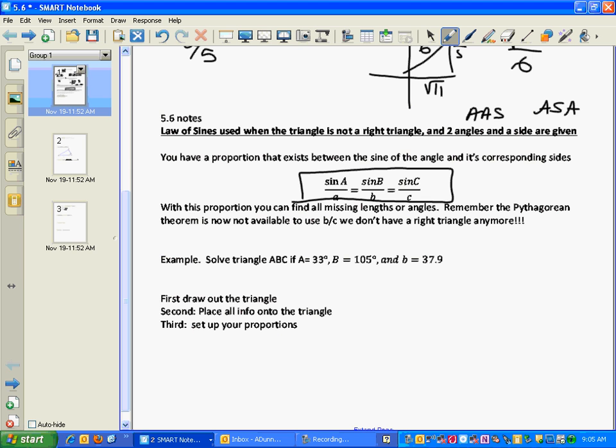So, given a triangle ABC with angle A 33 degrees, B 105 degrees, and side B 37.9, find all your missing pieces of information. So, I need to see that you're drawing out these triangles. Don't make them right, because it's not guaranteed to be a right triangle, so you can't assume that it is. And then let's place all the information onto the triangle, and then we're going to set up our proportions.